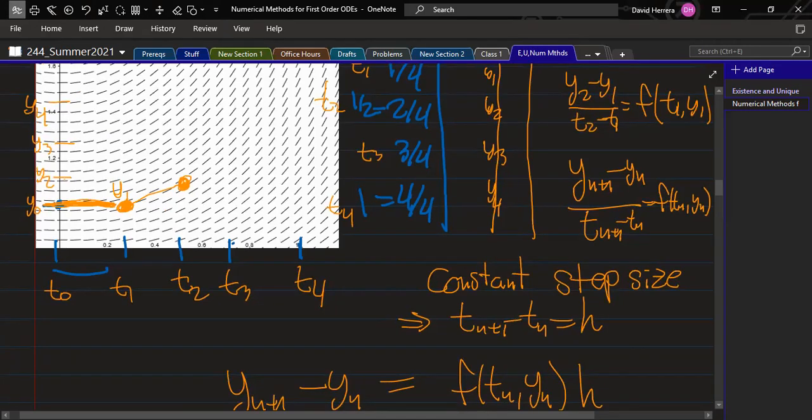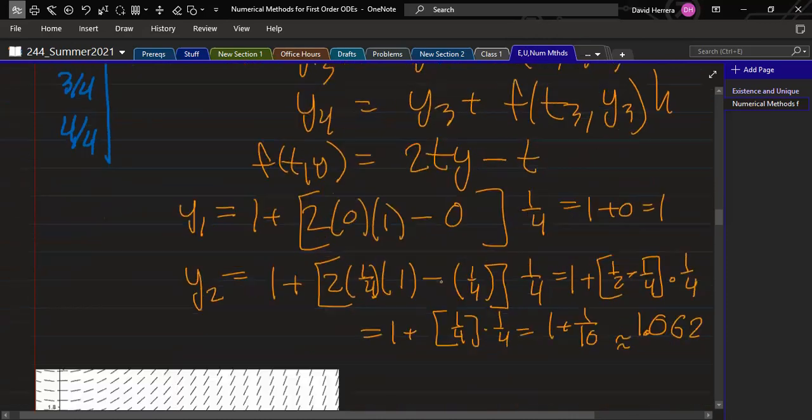So I wrote 0.062. This right here is about 1.1, which means that when I drew the picture, I made this slope a little too high. And you can tell based on looking at the slopes here. See the slope right here. If this is 0.1, this is 0.062, which is very small.